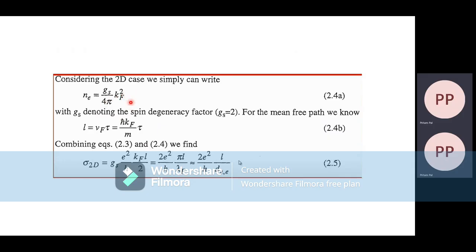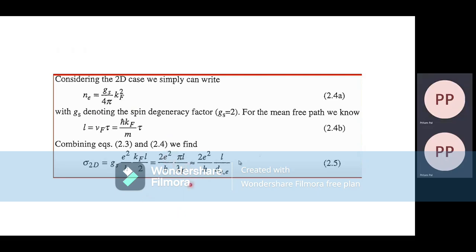Whatever your material may have. And the mean free path would be the Fermi velocity times the scattering time, v_F times tau. We substitute all that into our expression for the conductivity, and we get the expression below, from which we pull out the coefficient 2e squared over h.